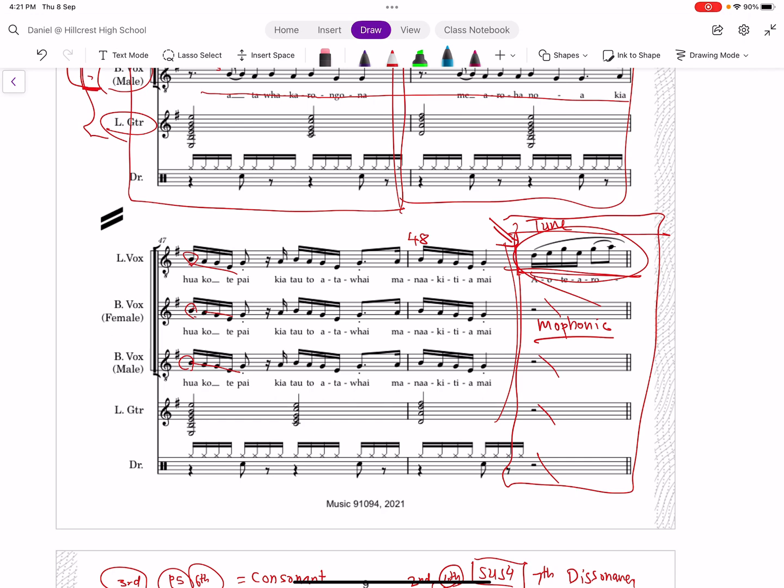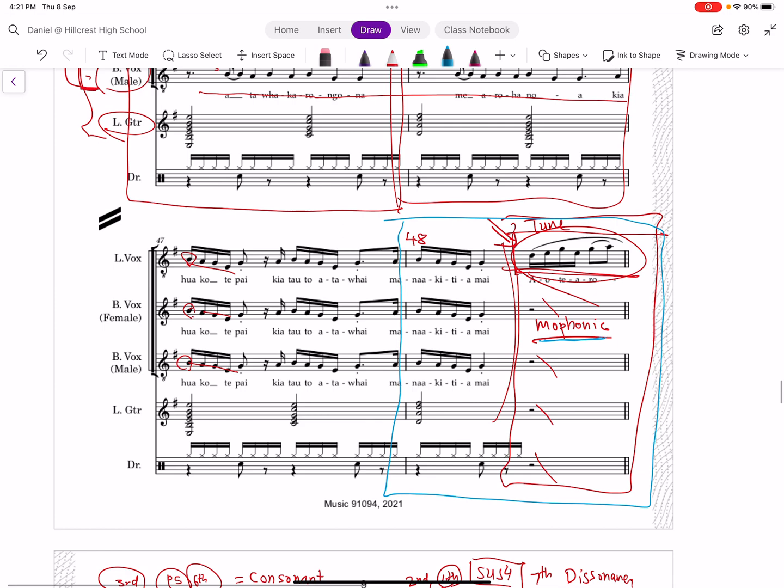and we are talking about how this bar here can be called monophonic texture because there's only one voice, and this backing vocal, male and female, don't have anything. We have rests.